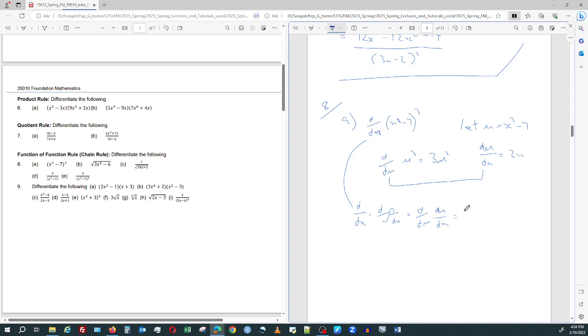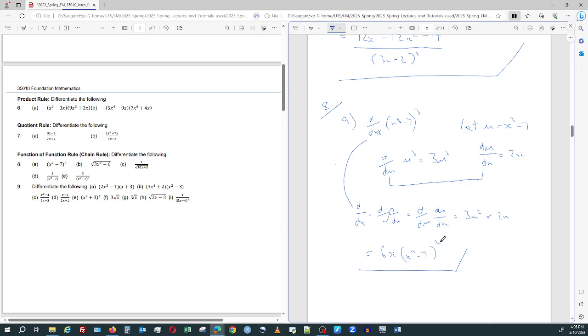So d du is 3u squared times 2x. So that's 6x, and then we'll put a power of 2. And in there we had a u, which was x squared minus 7. So d dx of that is this result.